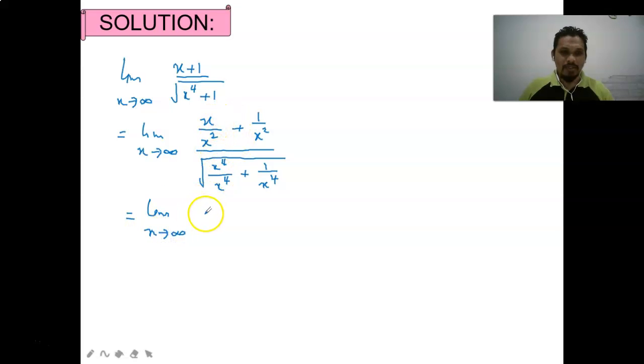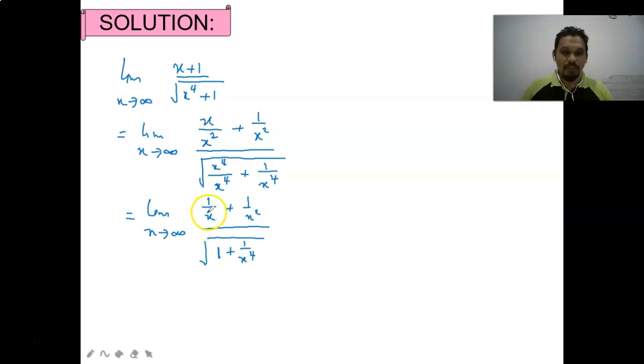(x divided by x squared, which is 1 over x, plus 1 over x squared) divided by the square root of (x to the power of 4 divided by x to the power of 4, which equals 1, plus 1 over x to the power of 4). So x is approaching infinity, positive or negative.